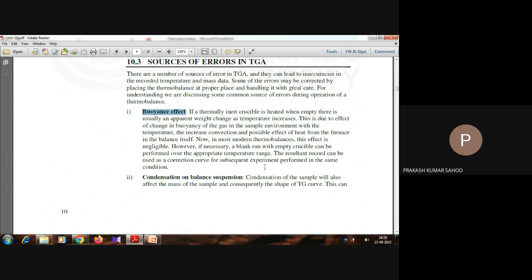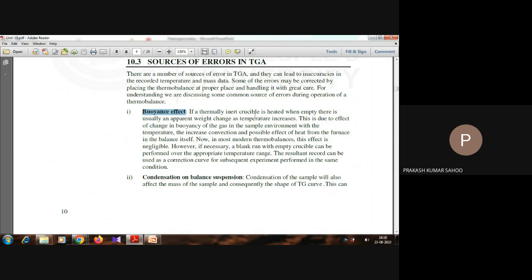Generally, it is the crucible, an inert crucible made up of porcelain. This may contain some volatile material or some moisture. If we take the sample in a crucible, the crucible is weighed before and after adding the sample, and the difference will be the weight of the sample.